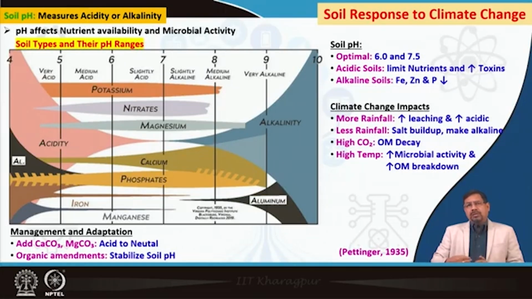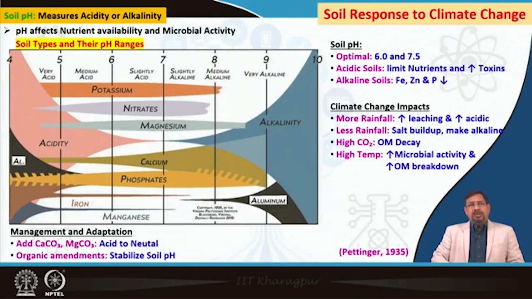So what we mean here is that the alteration of pH in terms of acidic and alkaline property will have repercussions on soil health. And in terms of climate change, simply taking more or less rainfall, and high temperature as we are moving towards a warming world very fast, and the higher concentration of the dominant greenhouse gas, carbon dioxide, all of these are going to affect the soil health.